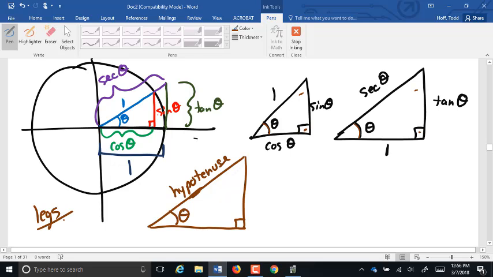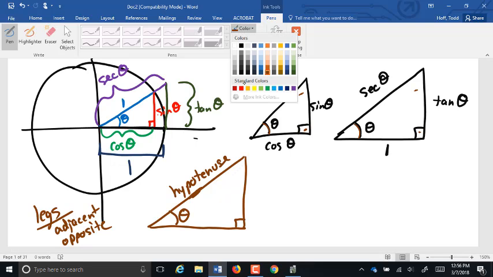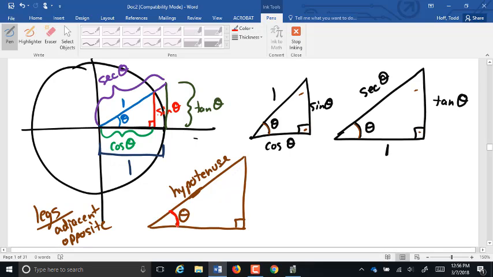And we're going to identify those legs according to the angle as either adjacent to the angle or opposite the angle. Now in this triangle, we are looking at this angle here, theta. Opposite means across from. Which side, the horizontal leg or the vertical leg, is opposite of theta?